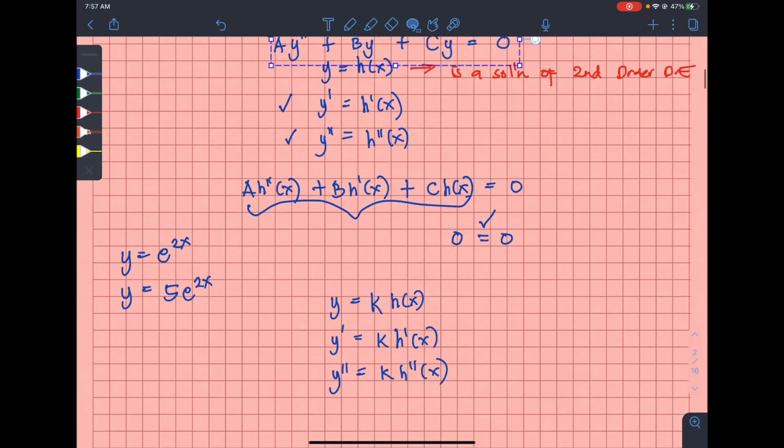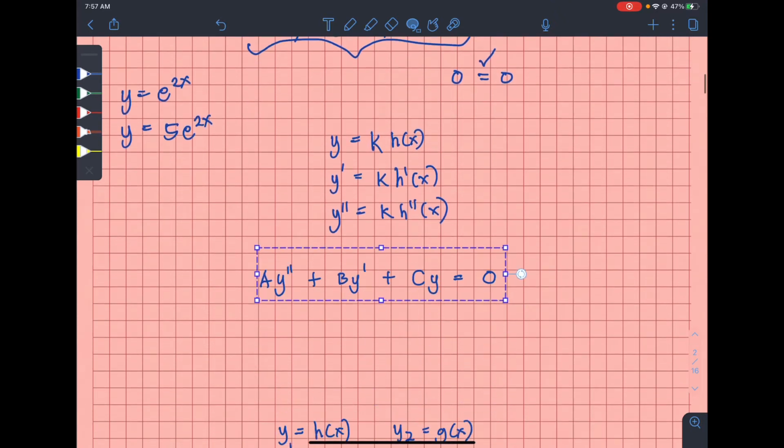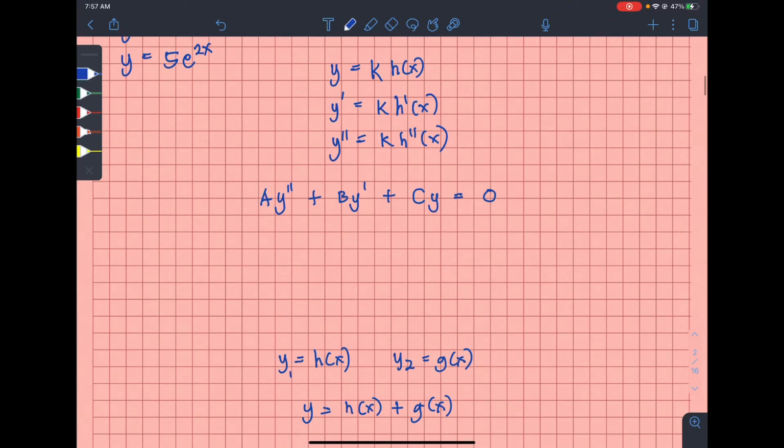So we have this equation: a times y double prime, which is k h double prime of x, then b times y prime, which is k h prime of x, then plus c times k h of x equals 0. As you can see here, k is factorable.